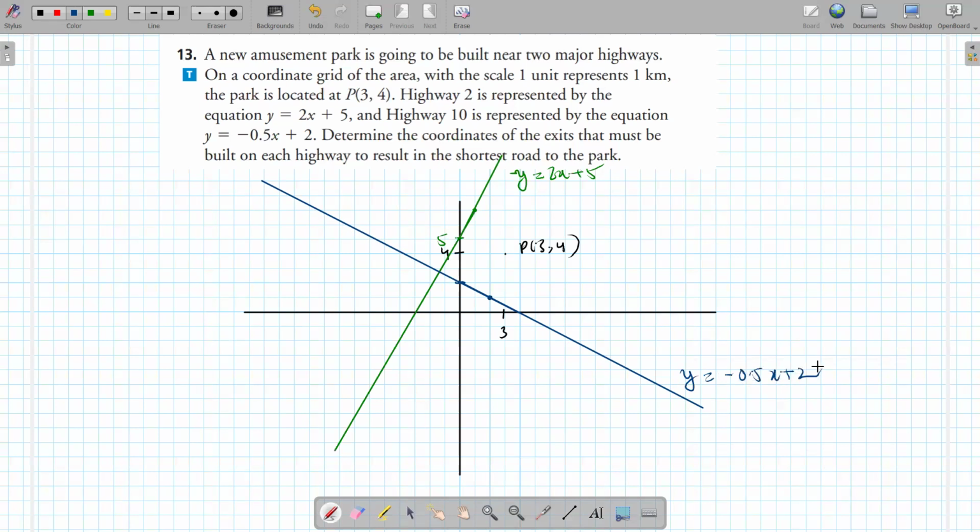What's the question? Determine the coordinates of the exits that must be built on each highway that results in the shortest road to the park. Okay, cool. So what are we actually trying to find in this question?